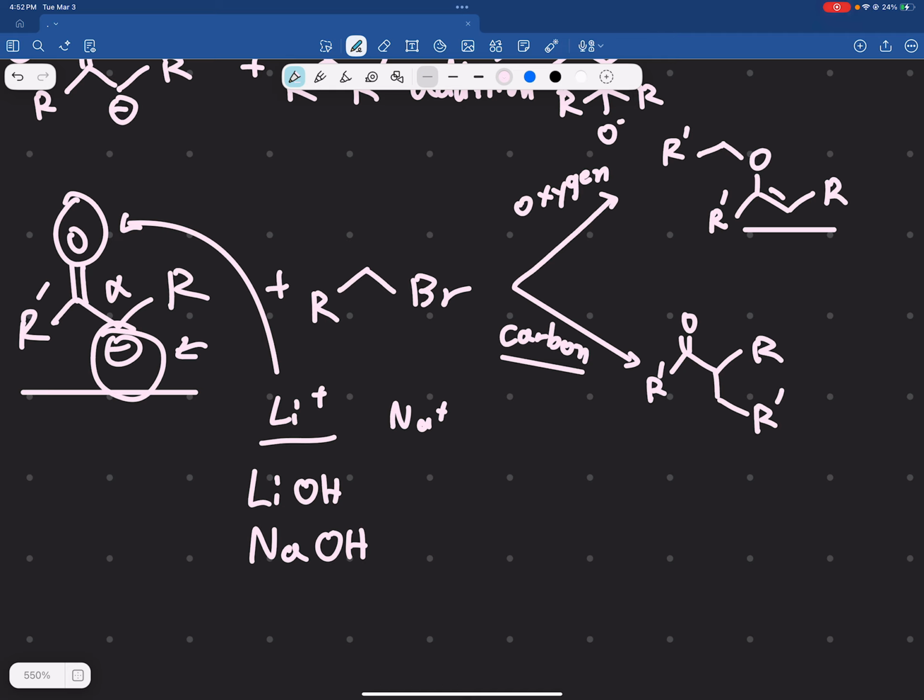It's because they're going to hover near the oxygen much more than the carbon, and these counter ions will block approaching electrophiles. So like this electrophilic carbon here, they will block electrophilic carbons to some degree, and they're going to favor a reaction at the alpha carbon instead.